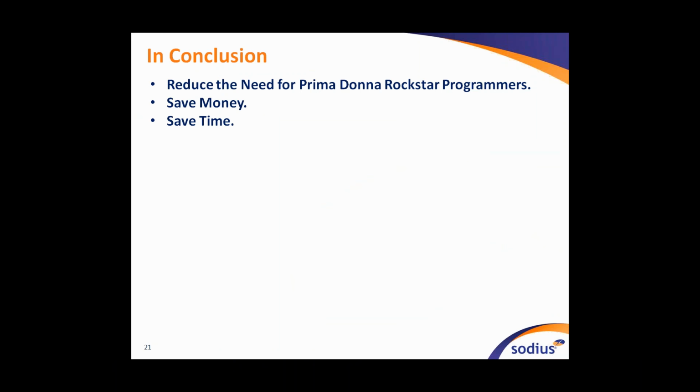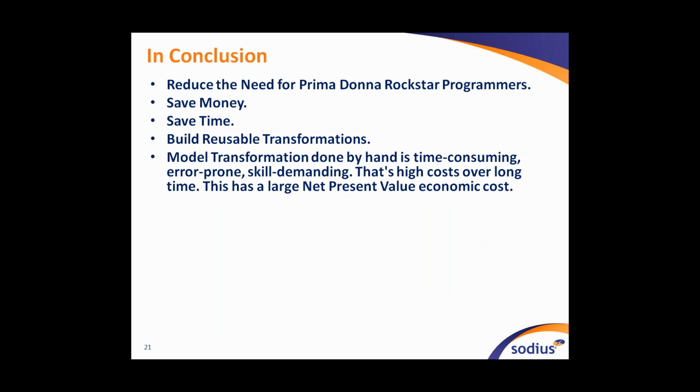It saves money, it saves time. You can build reusable transformations. Model transformation done by hand is time consuming. You can make errors, and it's skill demanding. That's a high cost over a long time.